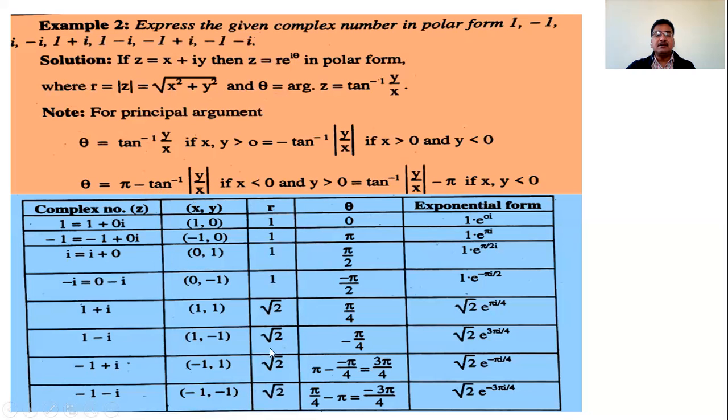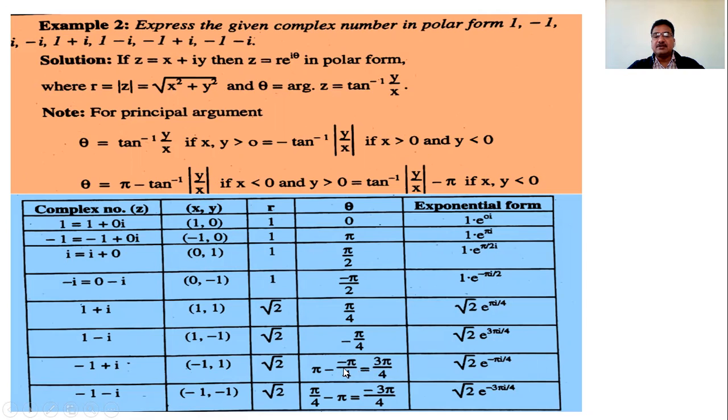So pi minus pi by 4. So what is the answer? Tan inverse mod y by x, so we have the answer pi minus pi by 4. 4 is the LCM, and 4 pi minus pi is 3 pi.